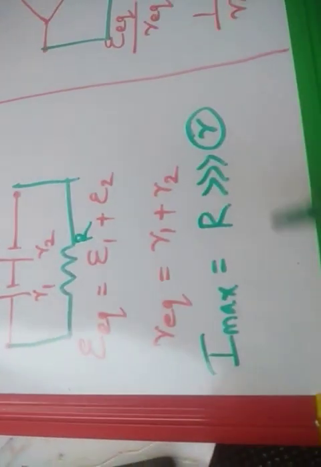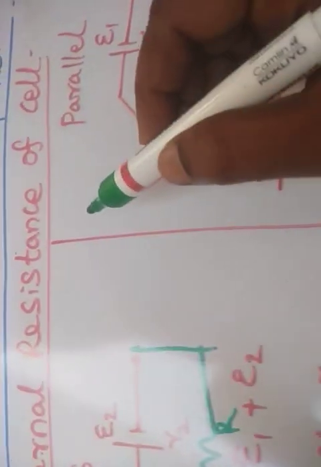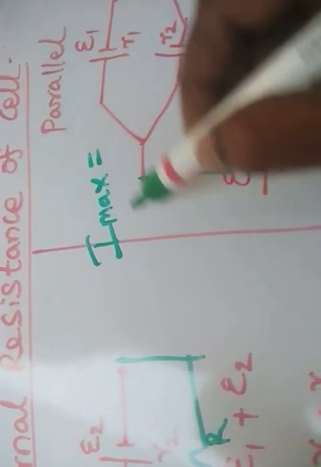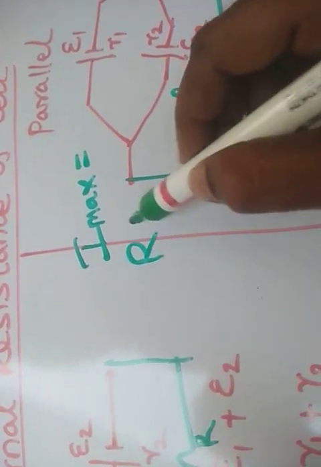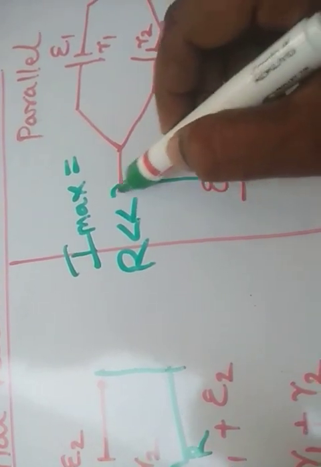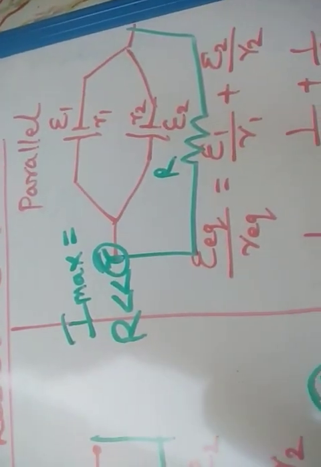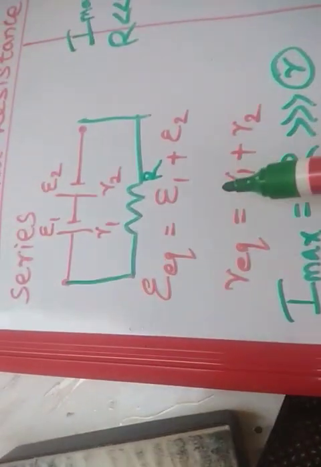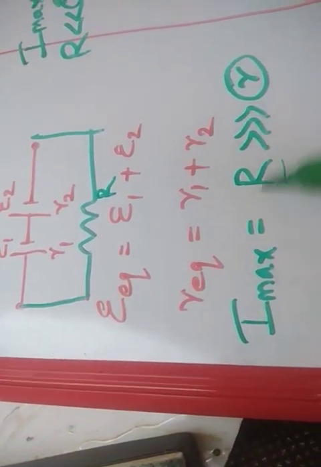But for parallel combination, the Imax condition is that the external resistance must be less than the internal resistance of the cells in parallel combination. So keep in mind: for a series combination of cells, the external resistance must be greater. For a parallel combination, the internal resistance must be greater.